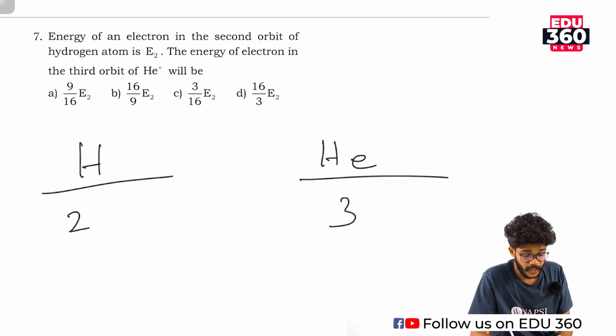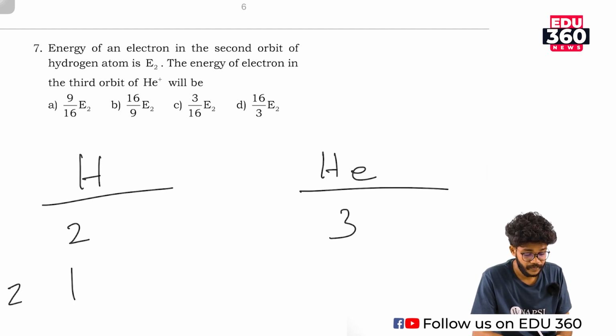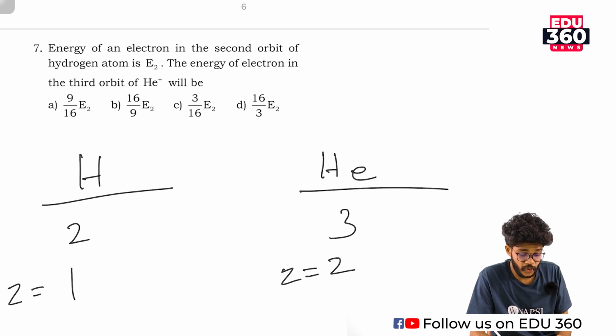The atomic number Z for hydrogen is 1, and for helium is 2. They ask for the ratio between E2 and the energy of helium.